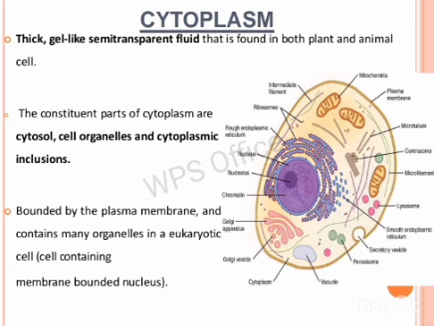The constituent parts of cytoplasm are cytosol, cell organelles and cytoplasmic inclusions, bounded by the plasma membrane, and it contains many organelles in the eukaryotic cell.